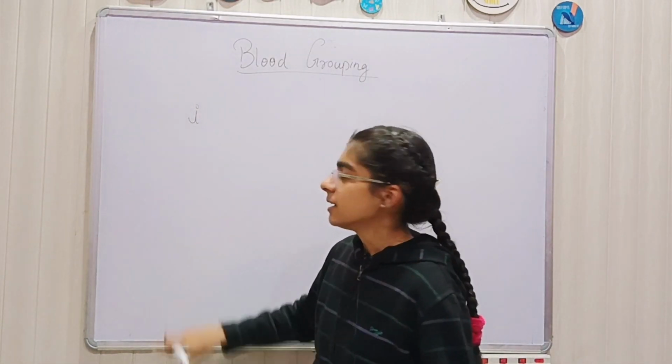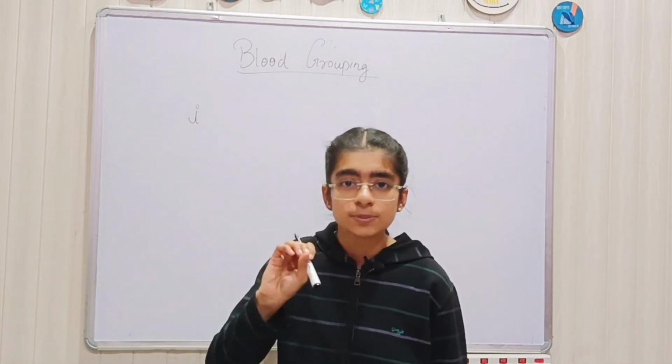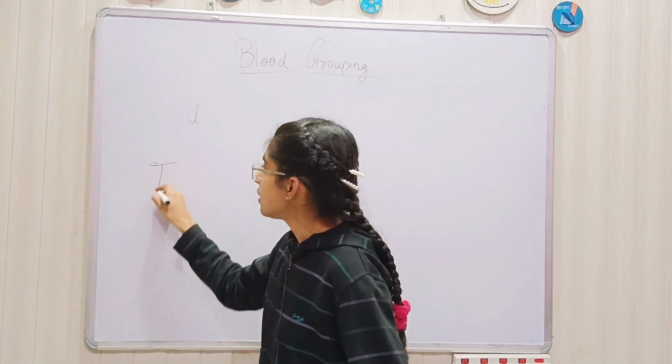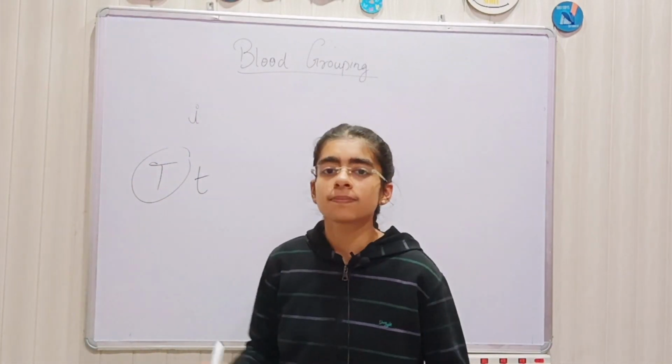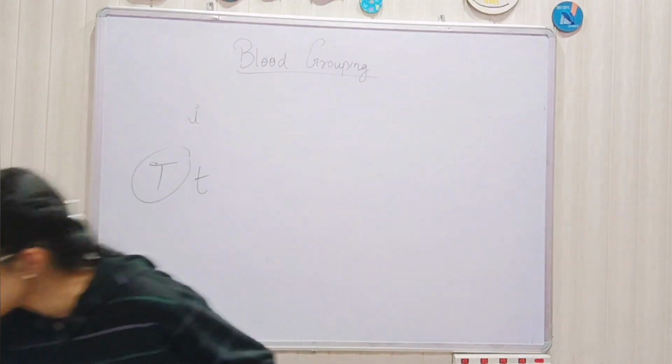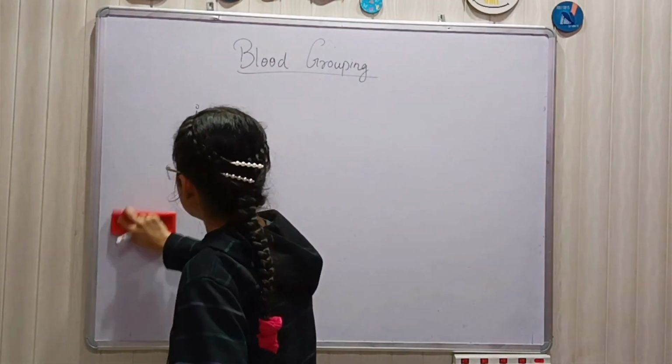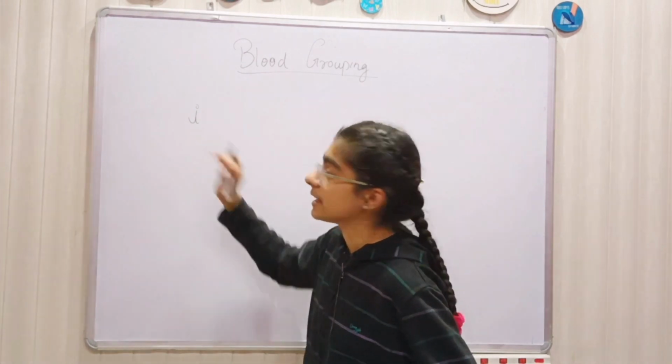For example, in the pea plant you have a specific allele, T for tall and small t for dwarf variety. So here I have the allele letter I.